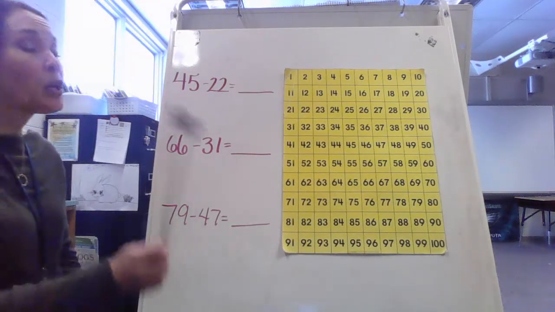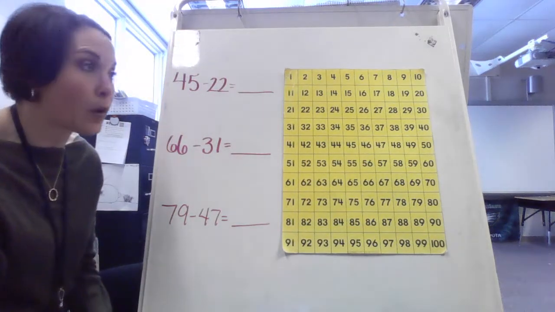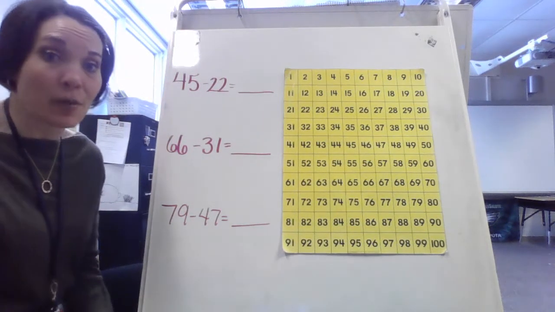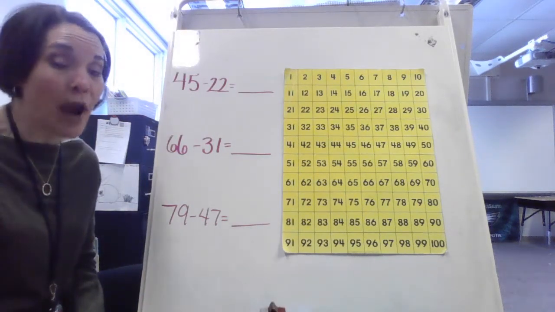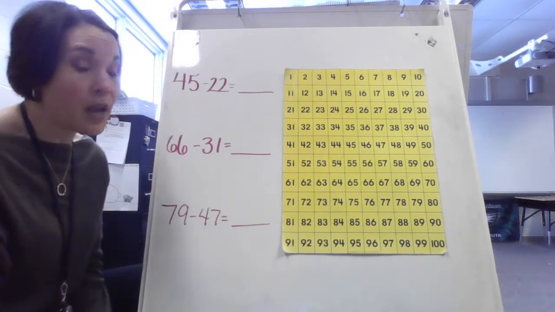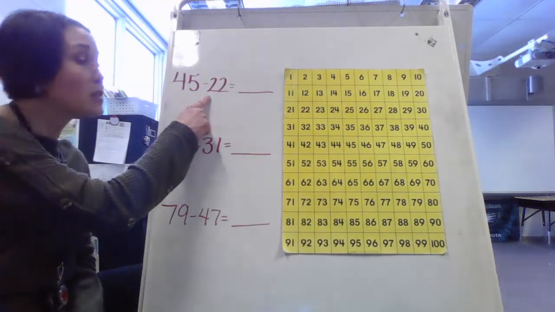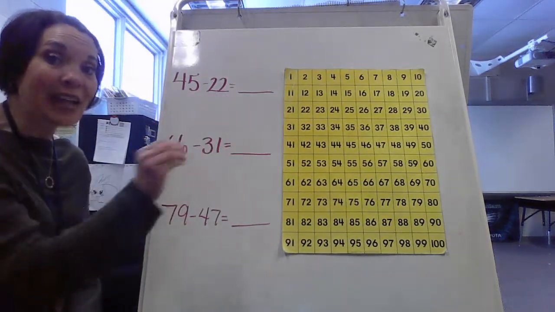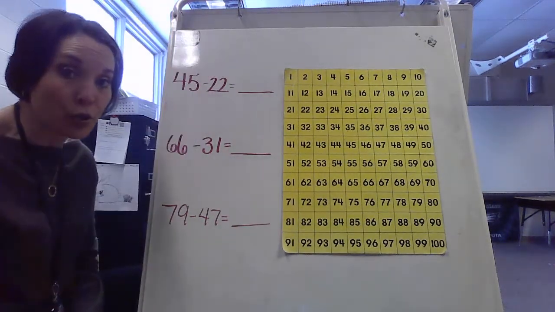So I'm going to go up because I'm subtracting. Now I want to do 22. You're thinking, how many hops am I going to make? What directions am I going to be going? We just talked about how with subtraction we're moving up, but think about your place value strategies. When I think about 22, I think about 2 tens, 2 ones. That's the amount that you're going to be hopping on your chart.